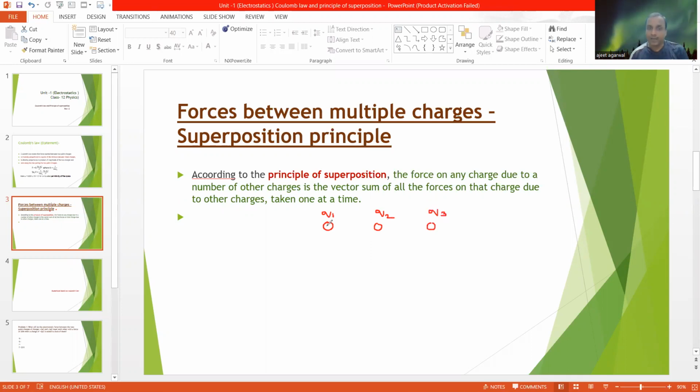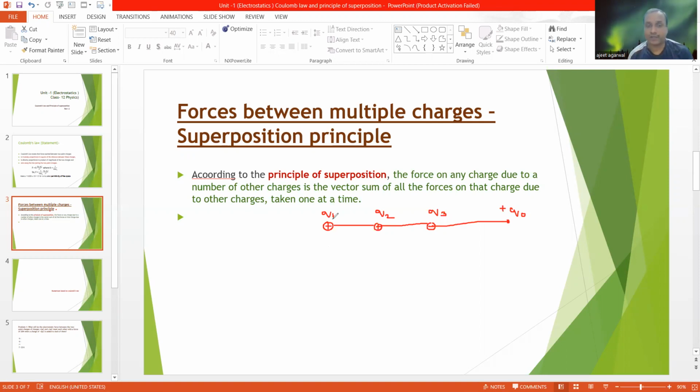All these may be positive, all may be negative, or some positive, some negative. Suppose I am taking Q3 as negative. And you have to calculate the force on another charge Q naught. Suppose this Q naught is a unit positive charge, okay?